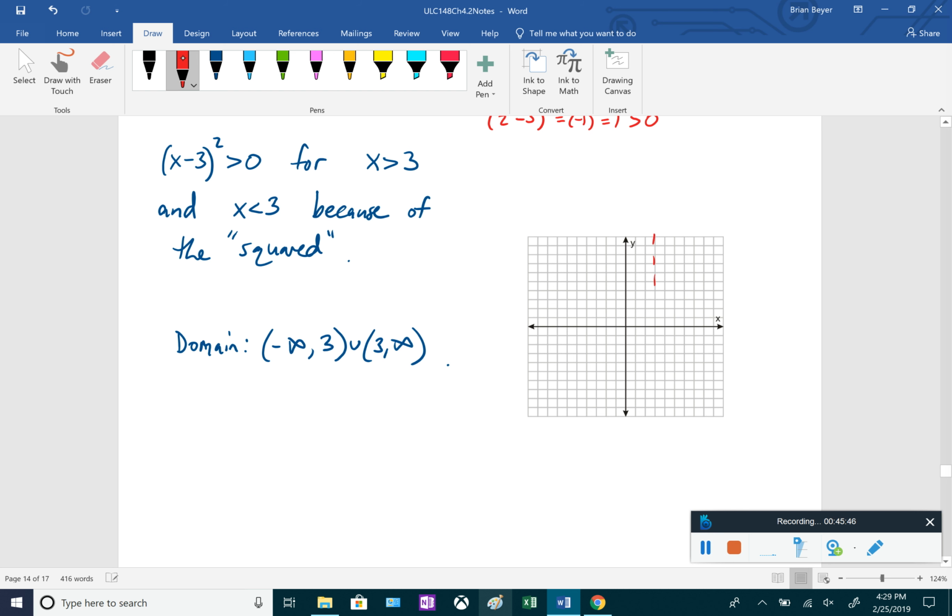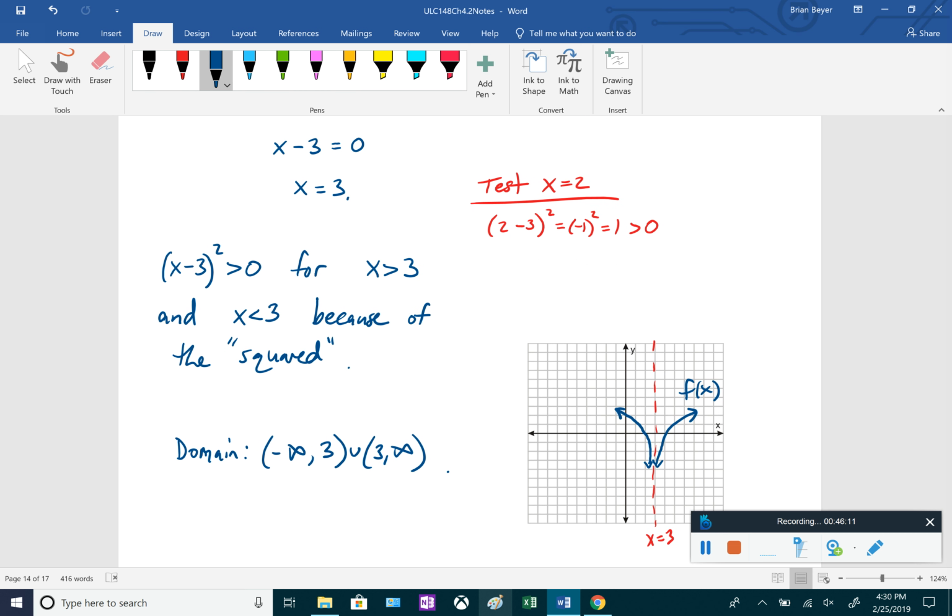So if we were to graph this, there's actually a vertical asymptote at x equals 3. This would actually look something like this. So it would actually be on both sides of that asymptote, which is something that we haven't seen up to this point. But the fact that there's a squared there is what makes this happen.